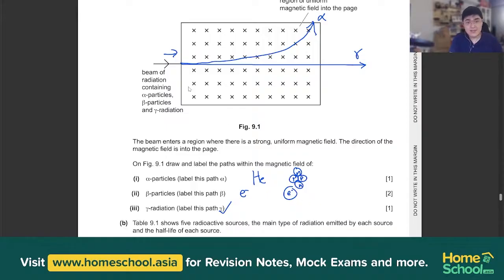So basically, the field will exert the same amount of force on the alpha particle as on the beta particle, and because of that, it pushes the beta particle much more compared to the alpha particle. As a result, a beta particle should bend a lot more compared to your alpha particle, and this will get you your 4 marks in total. Easy peasy.